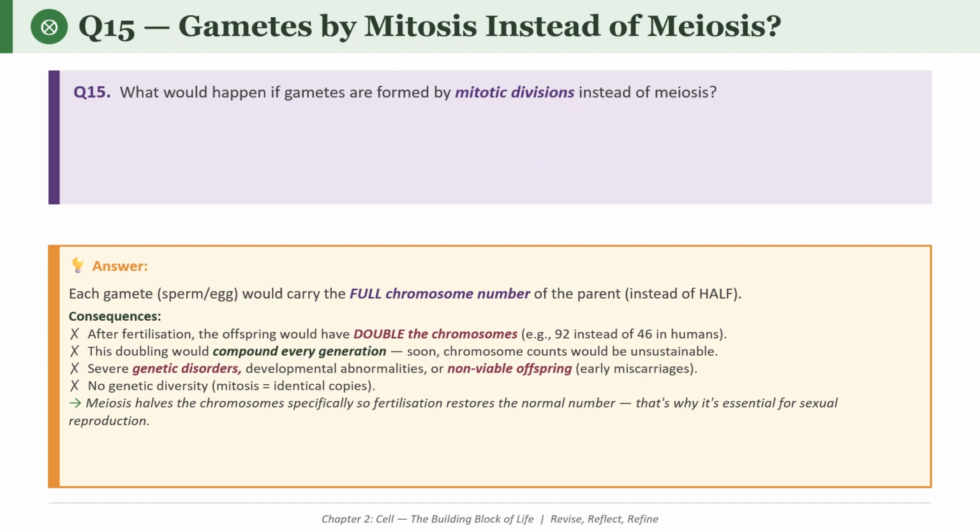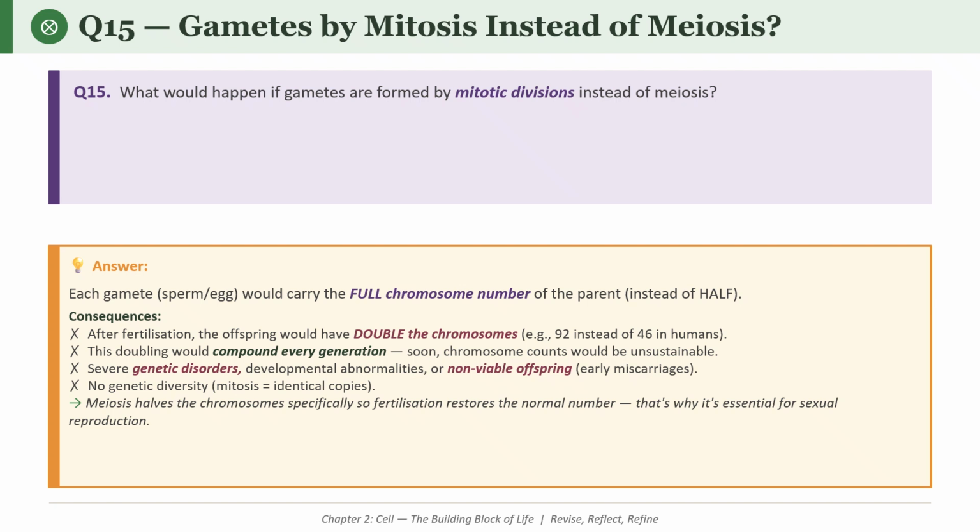In mitosis, two identical daughter cells will have the full chromosome number. But in meiosis, only half the number of chromosomes will be there. Because of this, after fertilization, the offspring would have double the chromosomes.